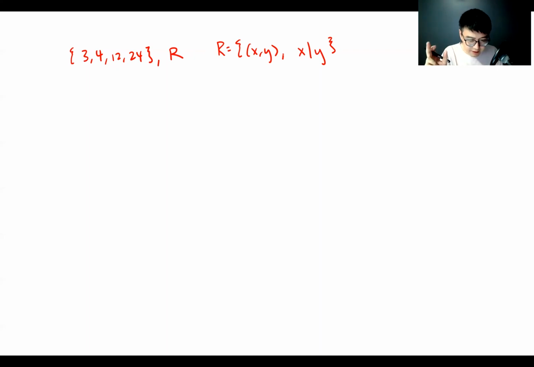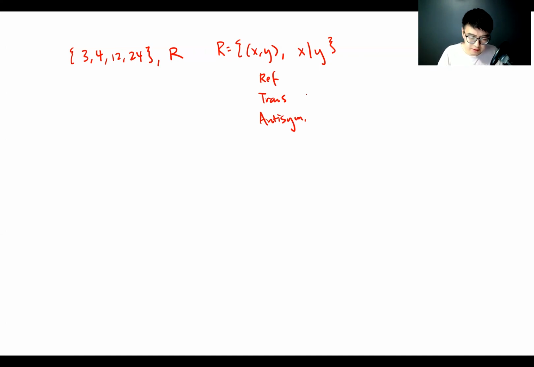Now, what does this mean again? It means that x times an integer is equal to y. So is this reflexive? Is it transitive? And is it antisymmetric? This is what I want to analyze for the Hasse diagram. Does it have all 3 of those properties?